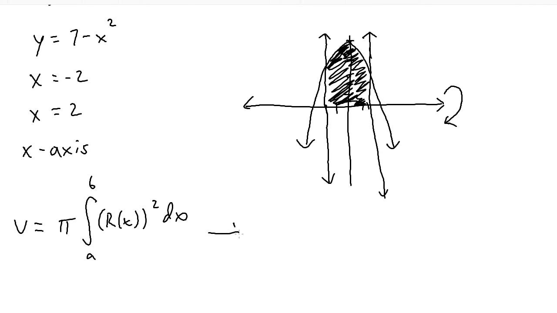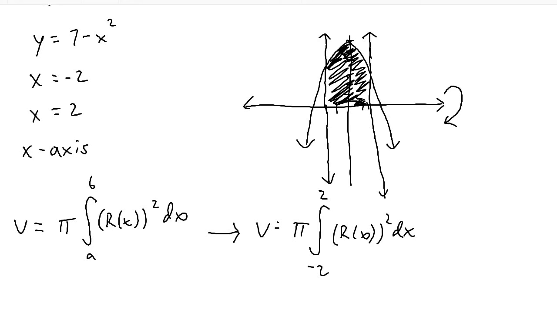We already know our a and b bounds, because our x bounds are going from negative 2 to 2, as shown in the graph. So we put pi times the integral from negative 2 to 2 of r of x squared.